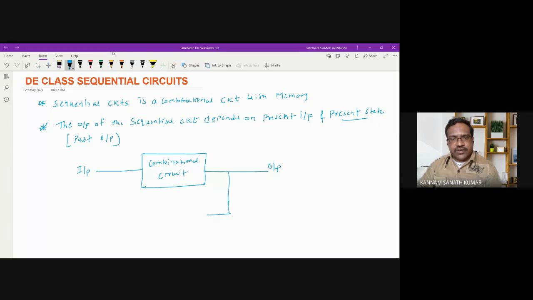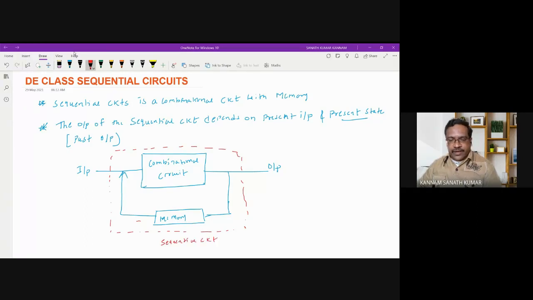That means the output is fed back through a memory element, and that feedback is given to the input. So this total circuit with input and output we call a sequential circuit.